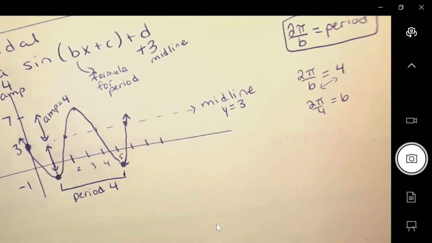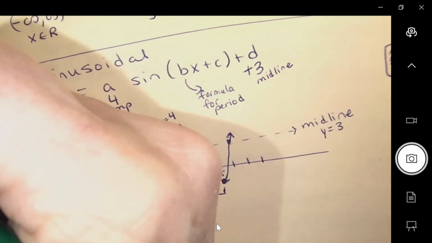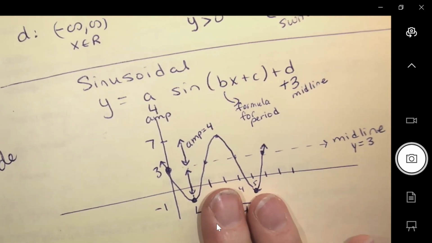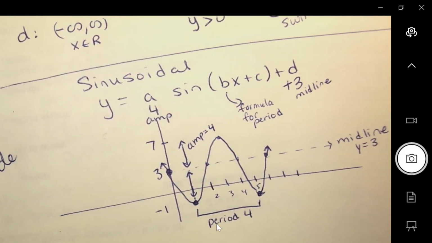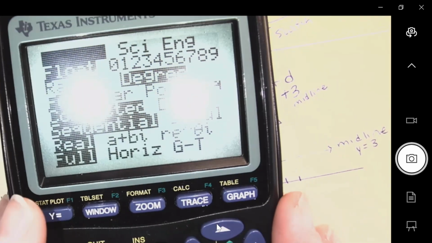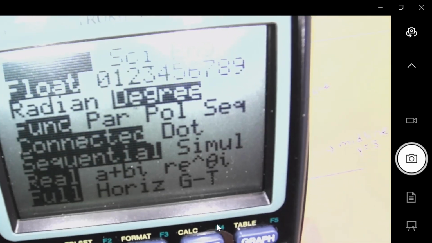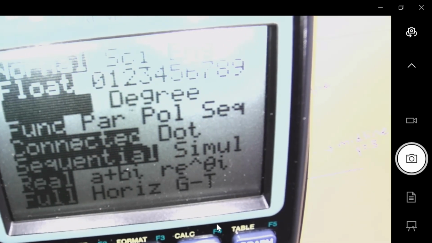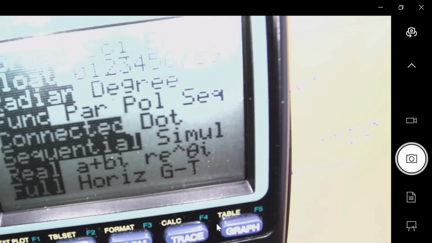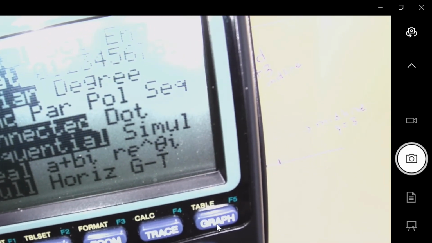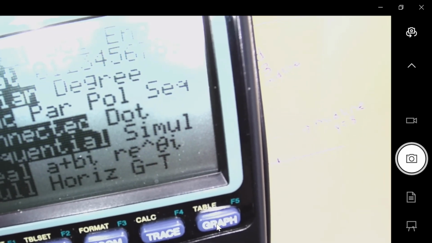The calculator, we just dealt with sine. Ooh, you know what we should write on our cheat sheet? Your mode. Everybody needs to make sure when you're doing this, that in your mode, your calculator graphs with radians unless your equation says something like 90 or 45. Okay, then it would be a degree equation.